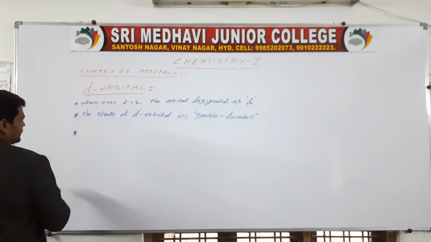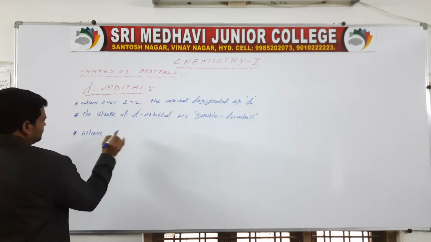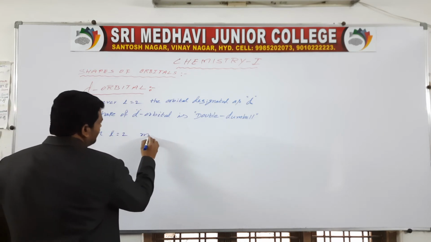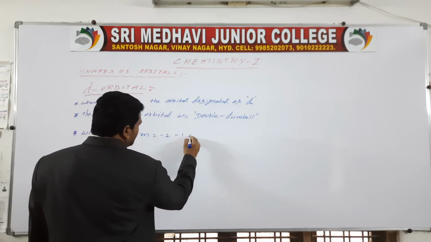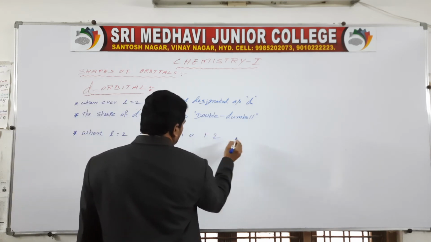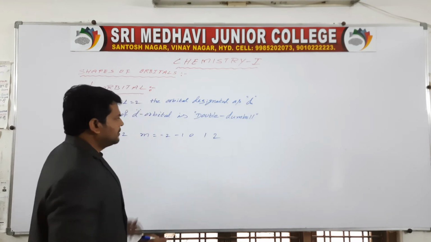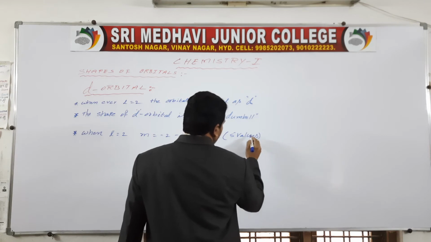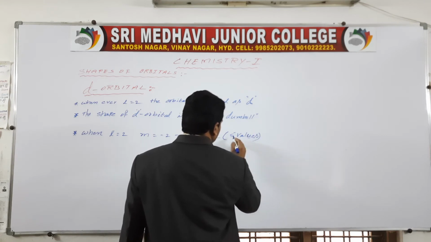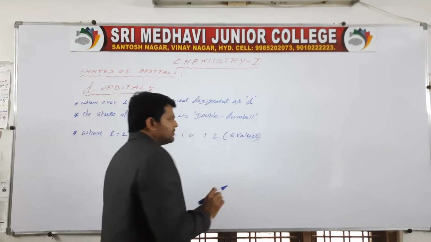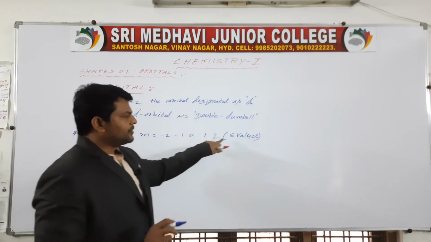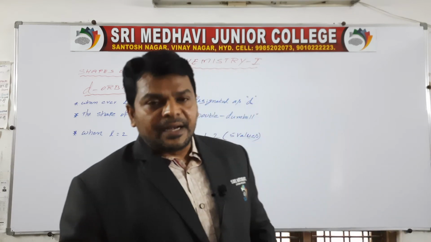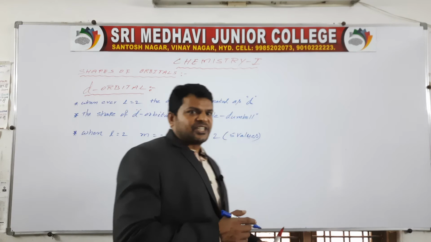When the l value is equal to 2, m is equal to -2, -1, 0, 1, 2. So 5 values. How many values? 5 values. 1, 2, 3, 4, 5. Due to 5 values, the d orbital gives 5 orientations in space.